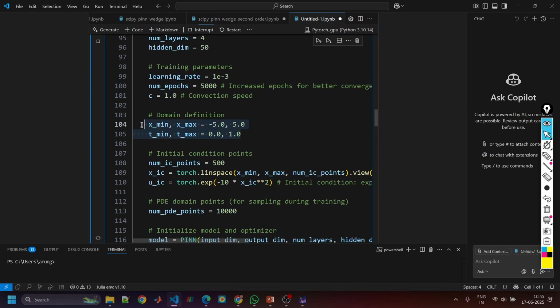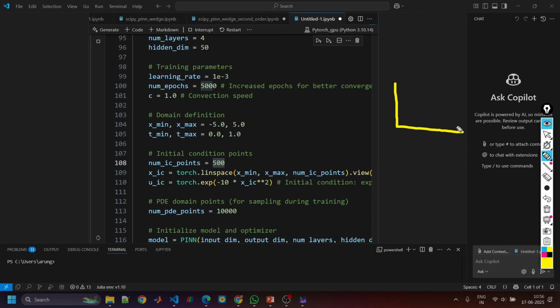So this is the domain size. In this problem, our domain is -5 to 5, and we are simulating from 0 to 1. Here we have taken 500 sample points for the initial condition. We know the initial condition curve will be like this, so we take 500 sample points to construct it. In addition, we need sample points to calculate the PDE residue.